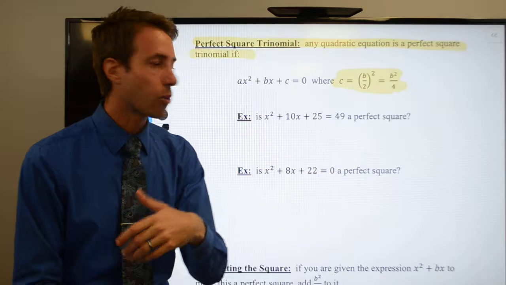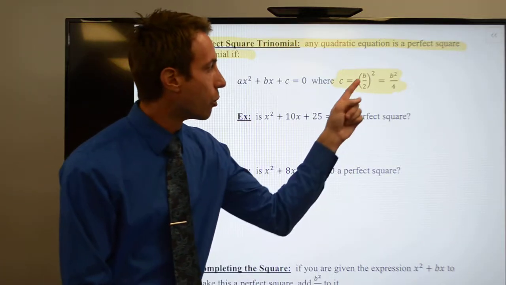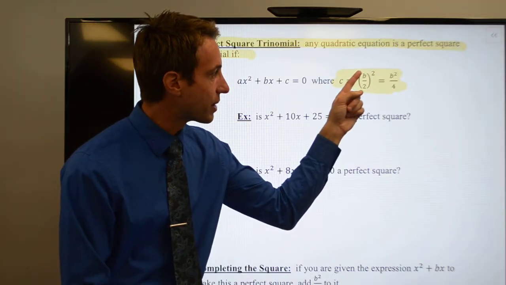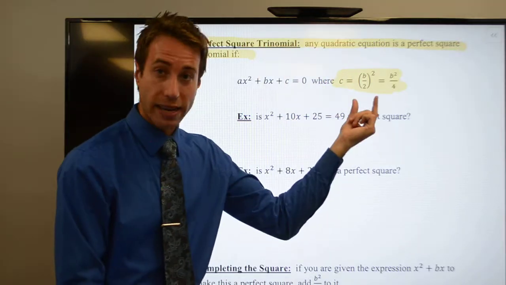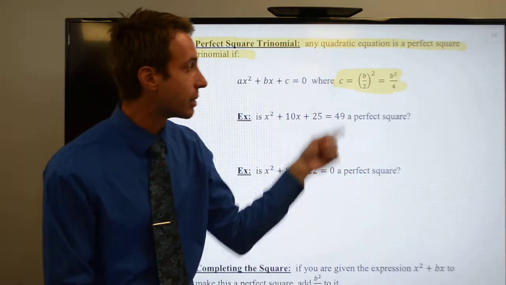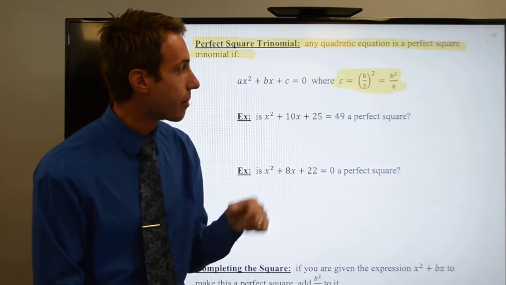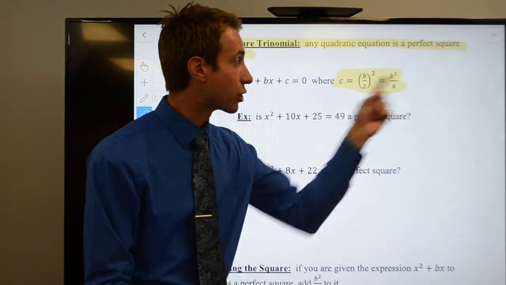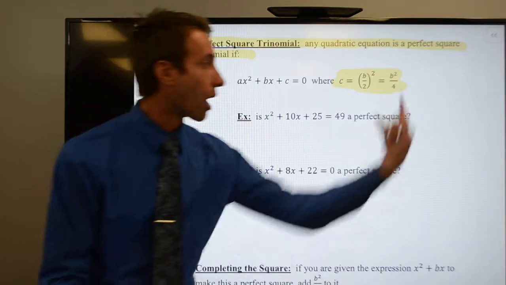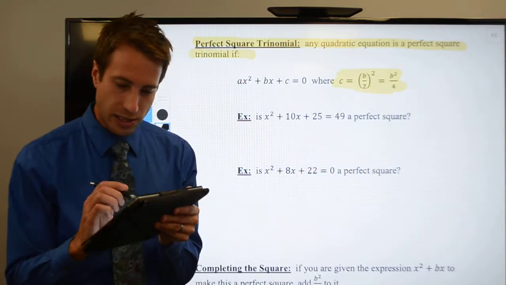You guys should know your properties of exponents. Whenever you have a fraction that is squared, you simply square the numerator and square the denominator. And so b divided by 2 squared would be b squared divided by 4. I will almost always use this one right here.